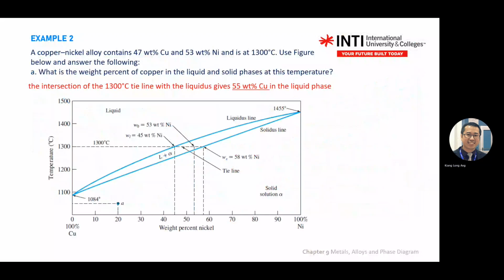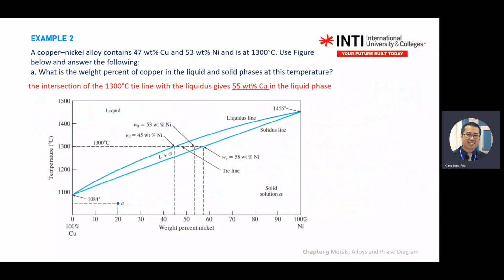Correct. This one is copper. 55% copper is correct. Means 45% nickel. It's two elements. So it will give you, because this one gives you 47. But when you draw the line, you will meet the liquid phase.